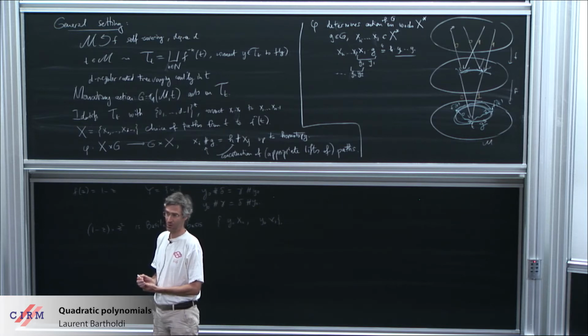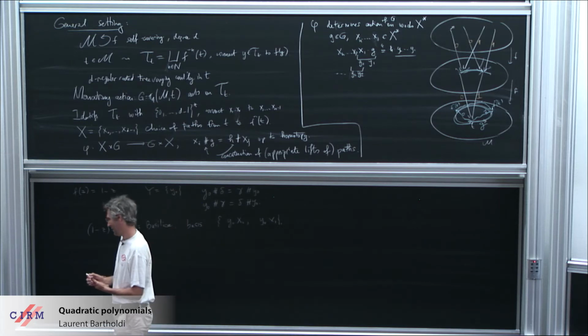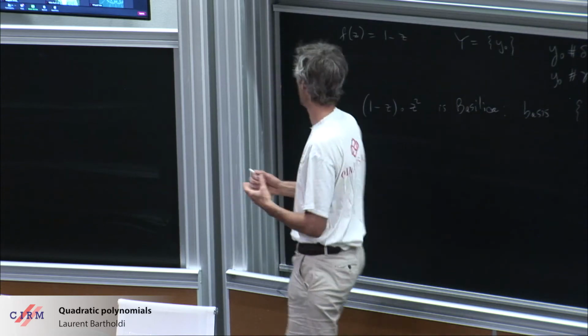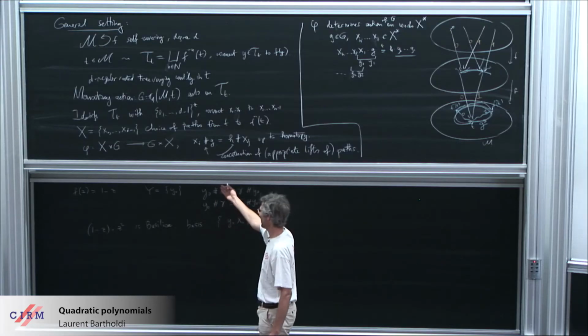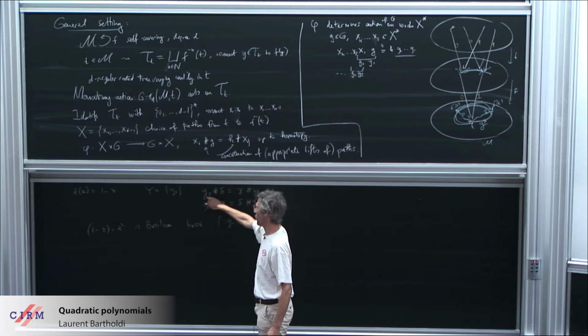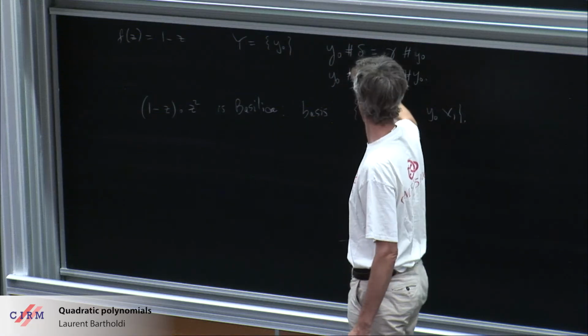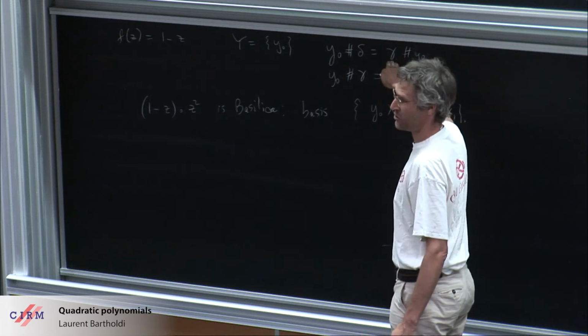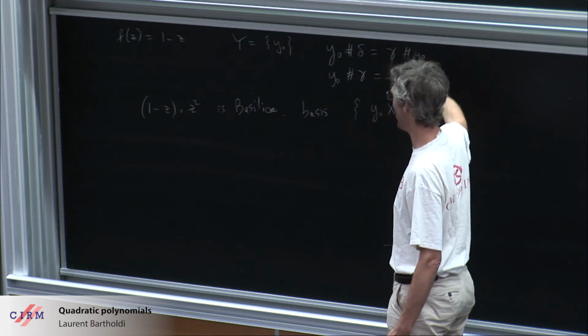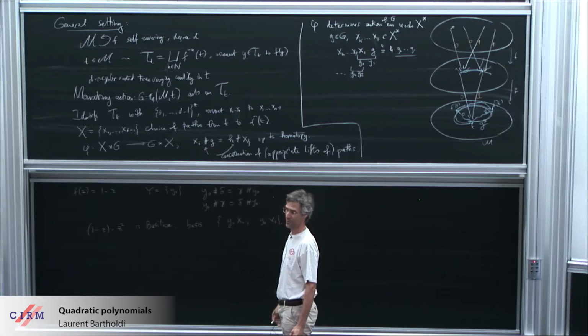Well, in general, what is a mapping class? A good way of representing one is saying that it's an automorphism of the fundamental group. And if it's an automorphism of the fundamental group, this gives me directly the recursion here, which says that y0, my single basis element, hash g, is phi of g, the image under the automorphism, hash y0. This is just a way of copying the automorphism of the free group.